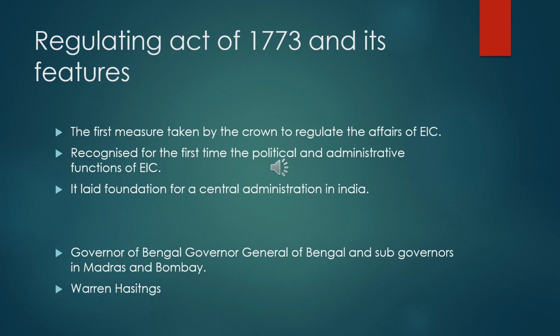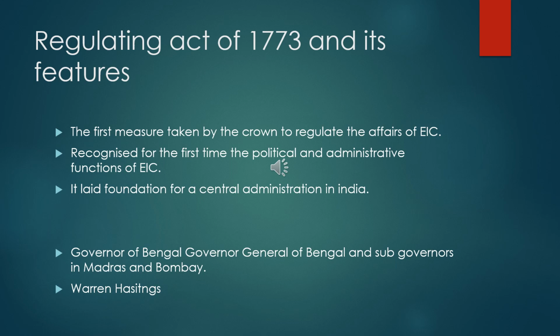And there are other features too for this Regulating Act. The most important one was that till the Regulating Act of 1773, the Governors of Bengal, Madras and Bombay shared almost the same power.